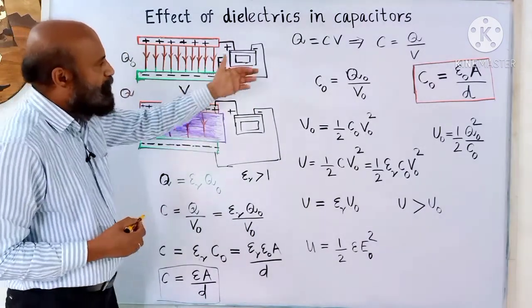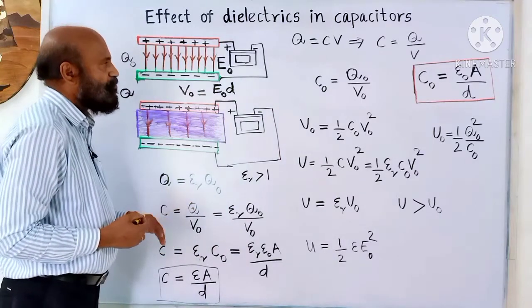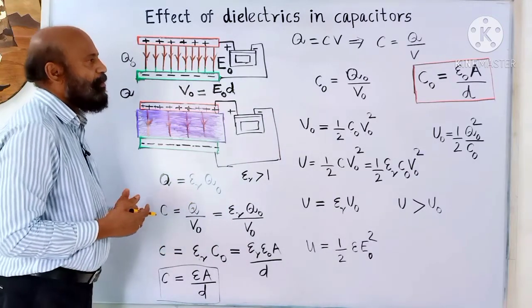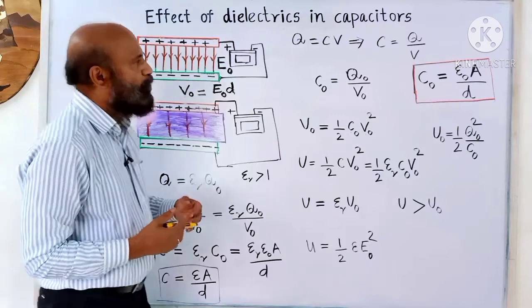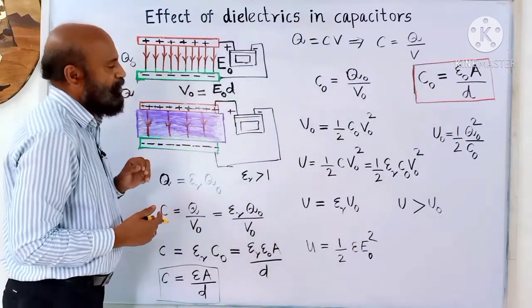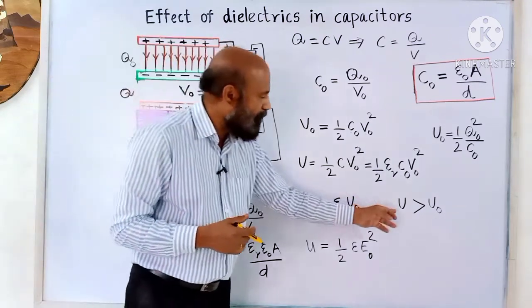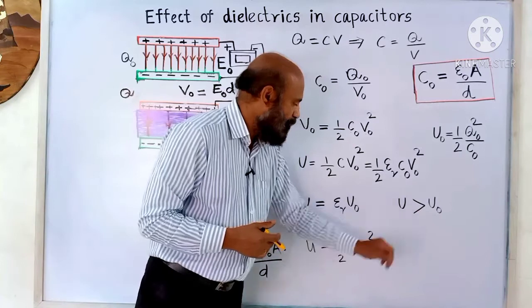In this case, capacitance increases because there is an increase in the charge. In the previous case, capacitance increases because there is a decrease in the potential difference between the plates. In the previous case, there was a decrease in the energy, but here there is an increase in the energy.